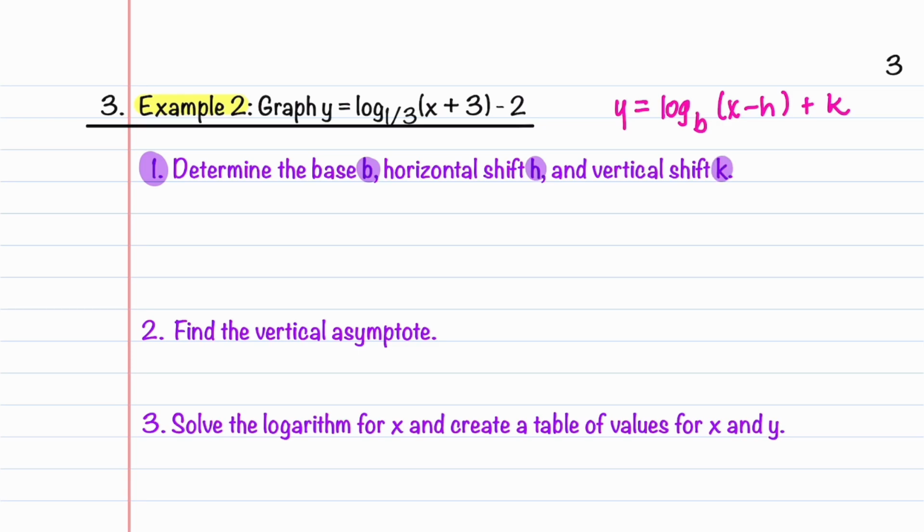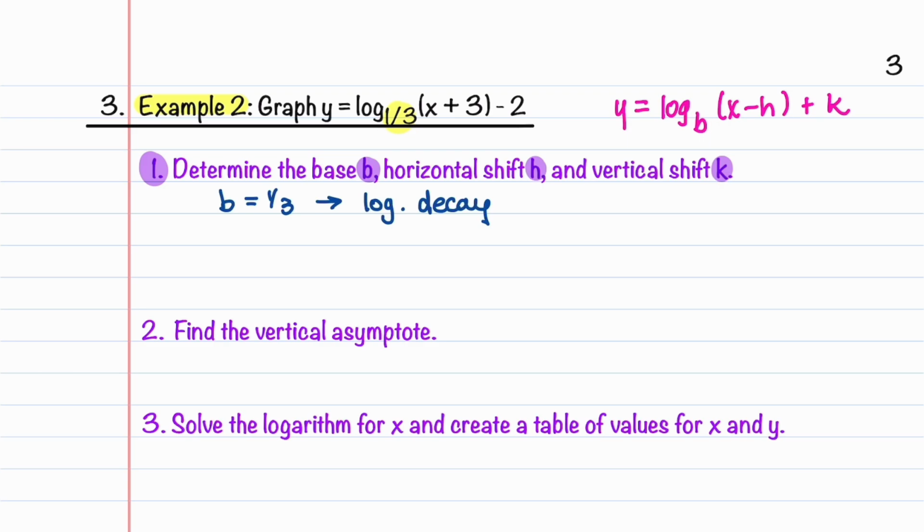Looking at our equation, we can see that the base is 1/3. So let's write down that b is 1/3, and that is going to tell us that we have logarithmic decay. So that gives us an idea already of what the function looks like. Now let's look at the horizontal shift.